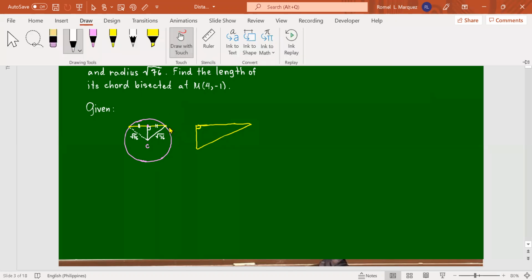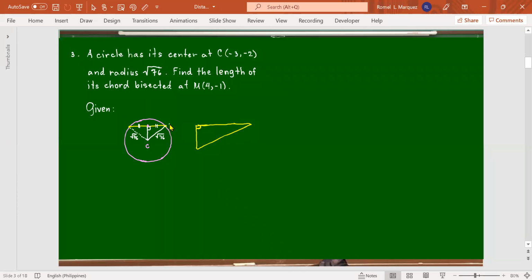So this is our, let's say, point A, and let's say this is point M. So this is my M, and this is my A, and this is my C. So we know that this is square root of 76, and this is what we are looking for. Actually, we have to double.